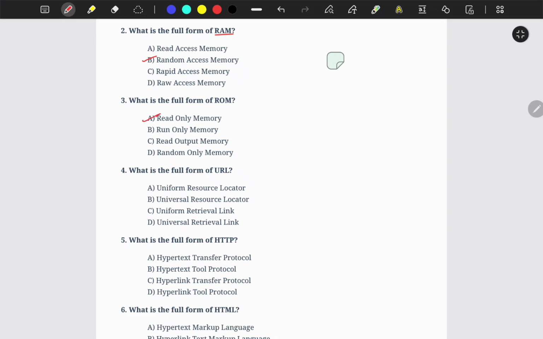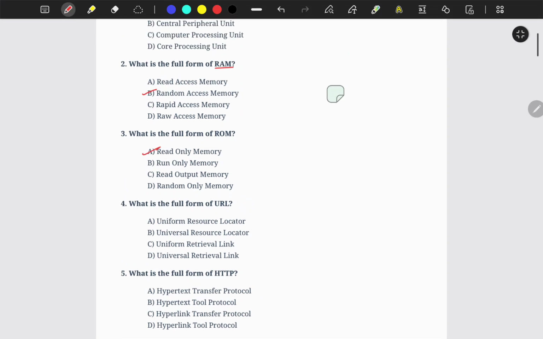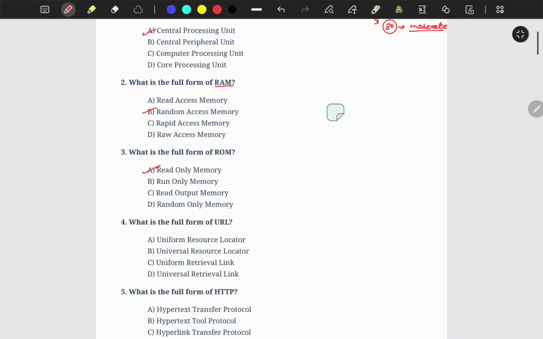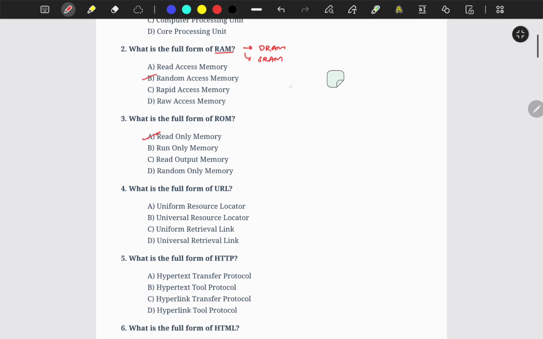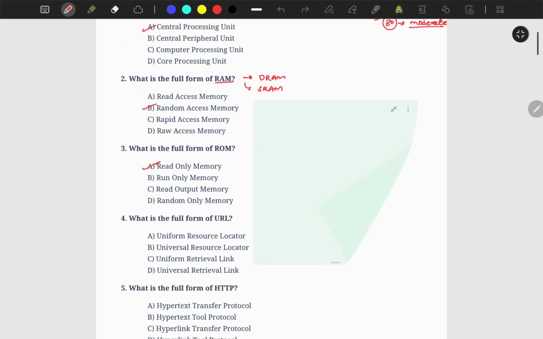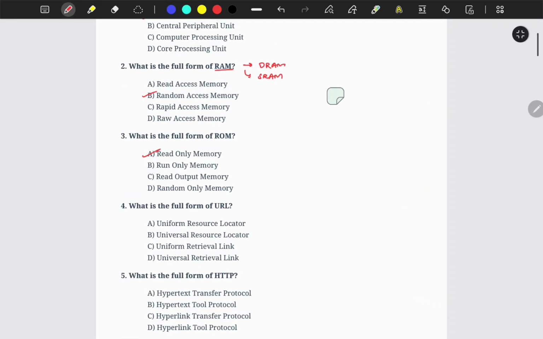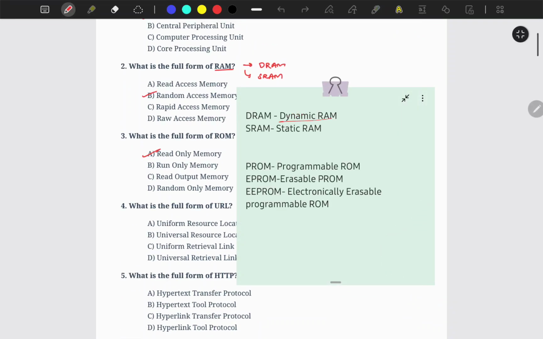It is read-only memory. See, there are different types of RAM and ROM also. For example, in RAM we have DRAM and SRAM, and in ROM also we have different types. What is the full form of DRAM? It is dynamic RAM. What is the full form of SRAM? It is static random access memory.